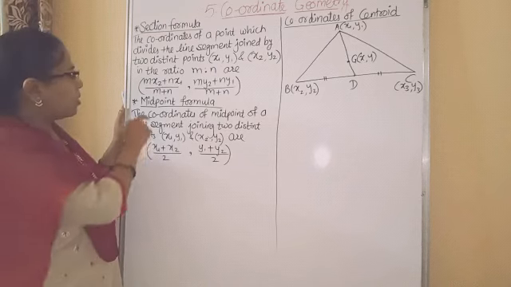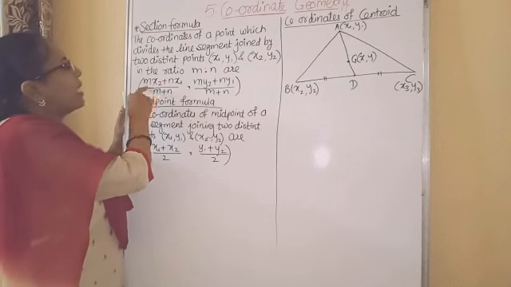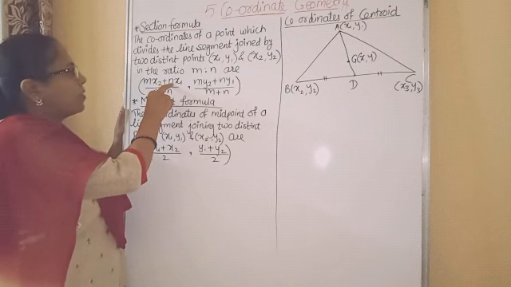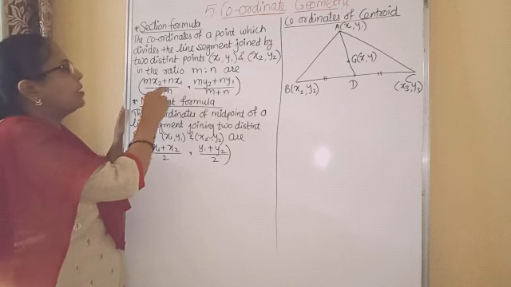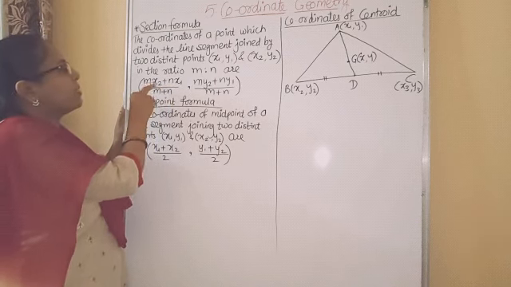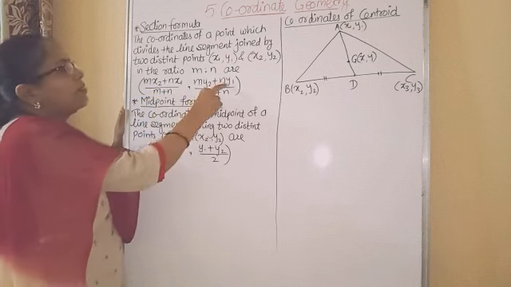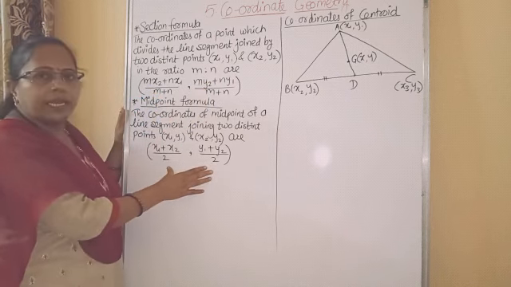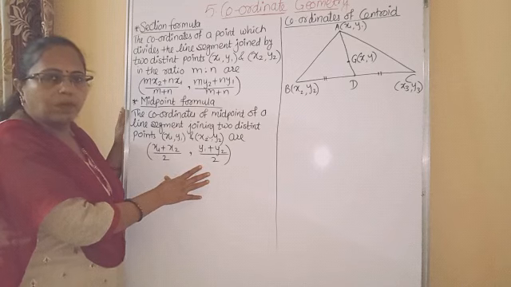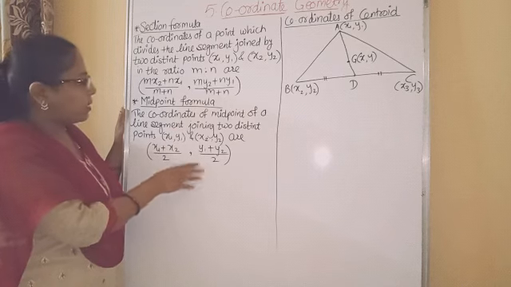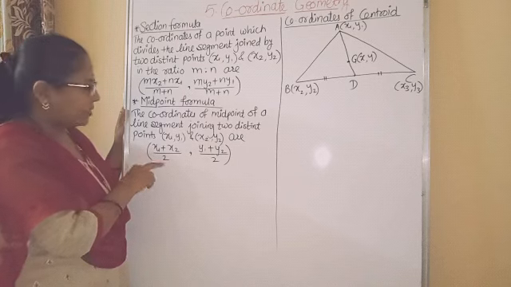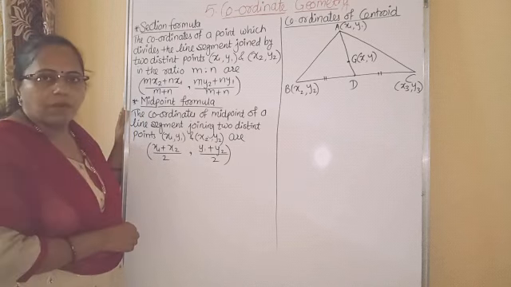So if you substitute m equal to n in this formula, we get (x1 plus x2) upon 2 and (y1 plus y2) upon 2. This is the coordinates of the midpoint of the segment joining the points (x1, y1) and (x2, y2). This is called the midpoint formula.